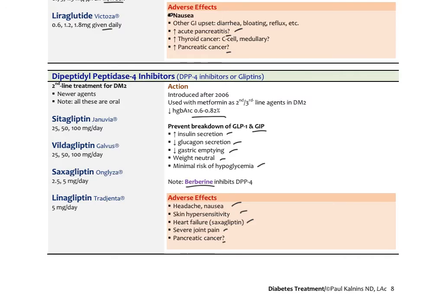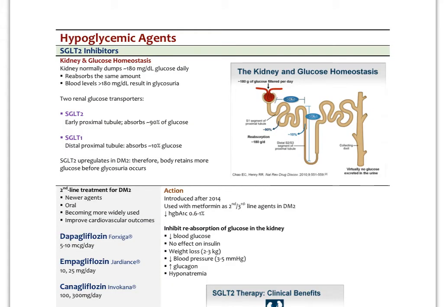And then we come to the newest agents, the SGLT2 inhibitors. These are inhibiting the SGLT2 transporters, which are the transporters in the proximal tubule, which will reabsorb glucose from the ultrafiltrate in the nephron. And so by inhibiting that, you're going to dump glucose into the urine. So they are newer agents.